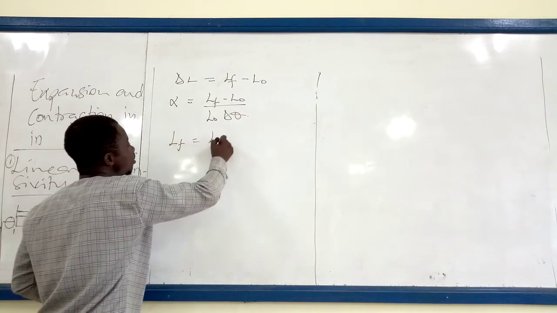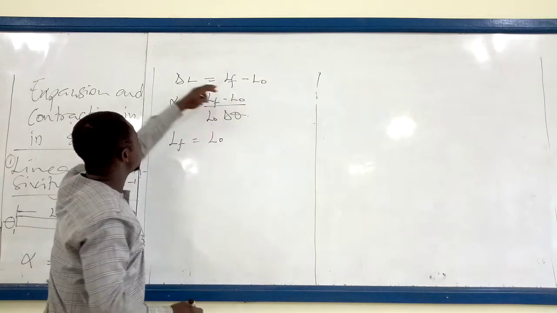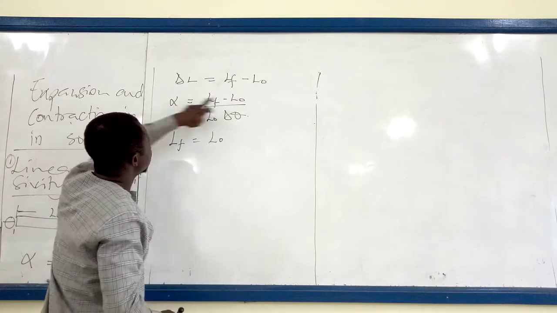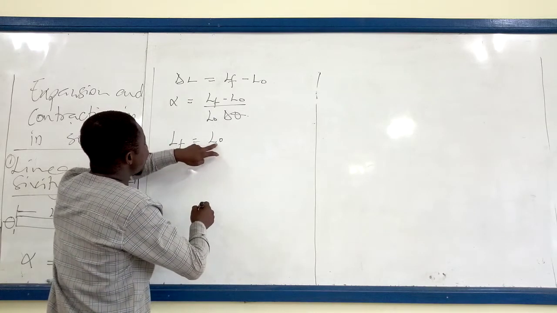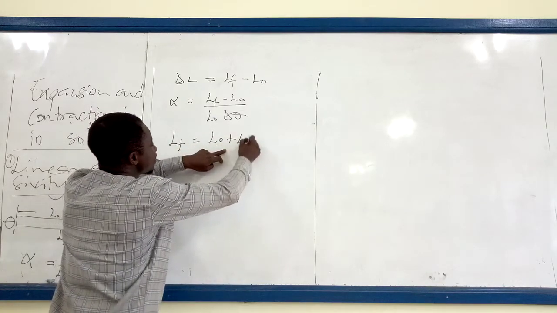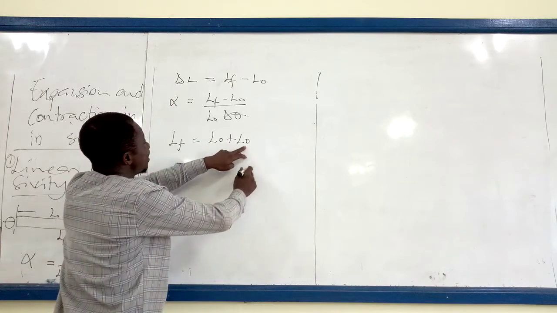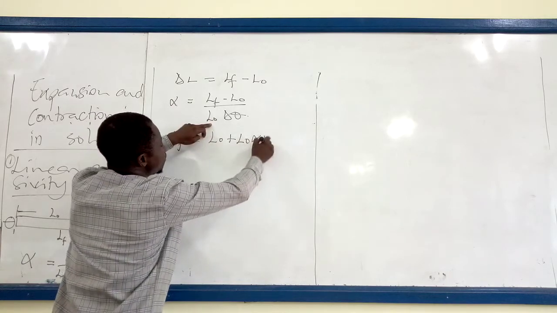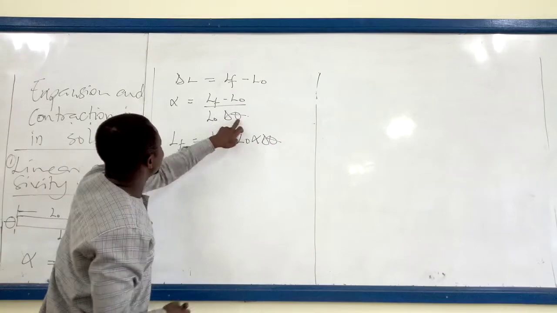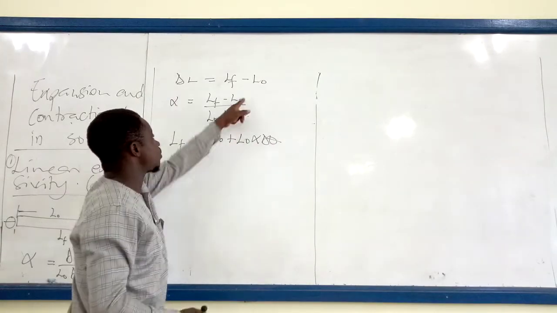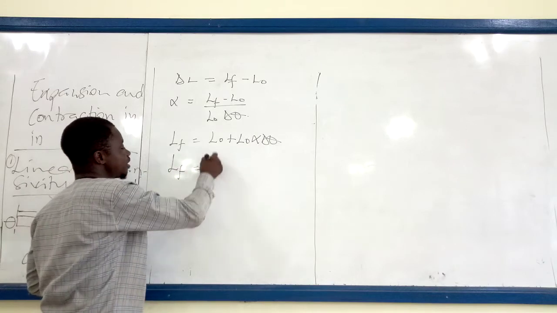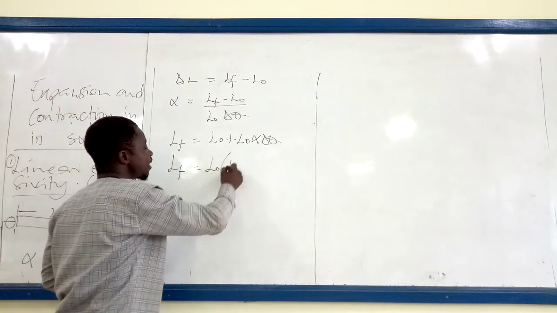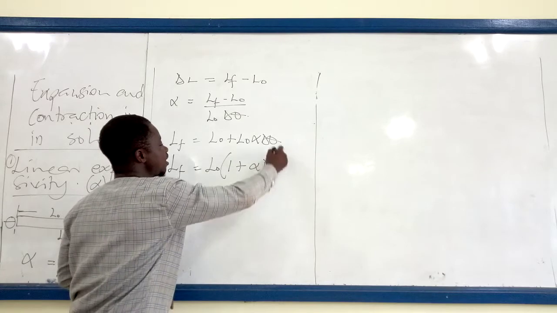I multiply across, then carry L0 across the equal sign, to give LF is equal to L0 plus L0 alpha delta theta. Making LF the subject, we get LF equals L0 into bracket 1 plus alpha delta theta.